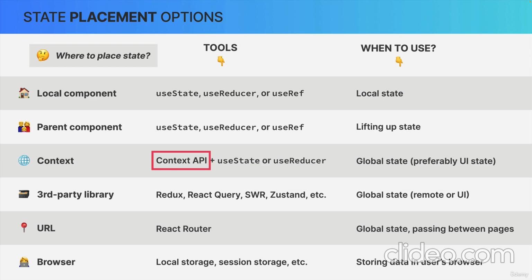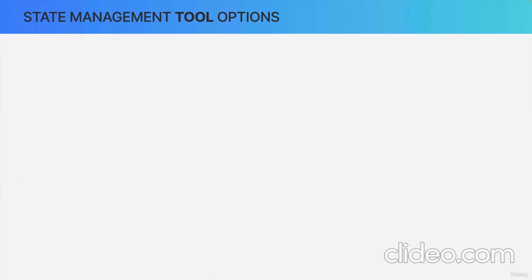Alright, so hopefully this is a helpful overview for you that you can keep handy once you start building your own applications. And now to finish, let's try to answer the question of how to manage the different types of state in practice. Or, in other words, what tools should be used for each kind of state.